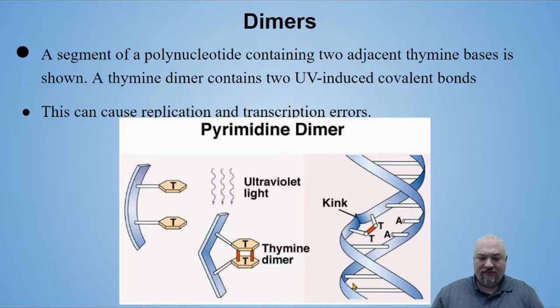Because normally we don't have that. There's no covalent bonding between the different rungs of the ladder. And that, as you can see here, causes a kink in the DNA, which will mess with replication and transcription. So those dimers that can be formed by pyrimidines due to exposure to UV light can cause some of these mutations that we're talking about.